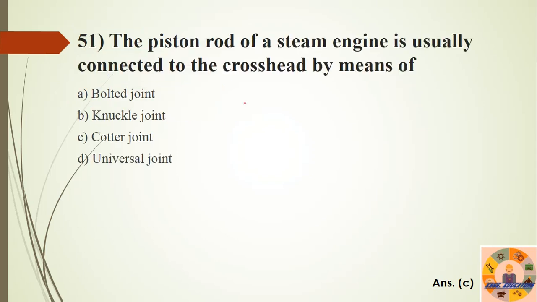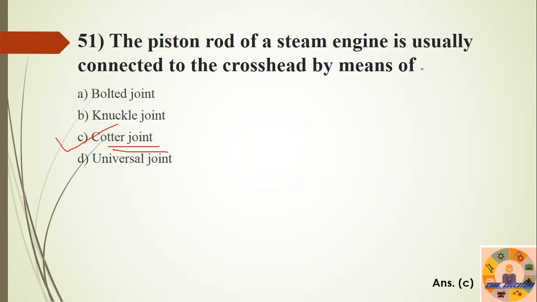Next question is, the piston rod of a steam engine is usually connected to the crosshead by means of option A, bolted joint, option B, knuckle joint, option C, cotter joint, or option D, universal joint. So the right answer for this question will be the cotter joint. We have discussed these types of joint in the 48th number question.